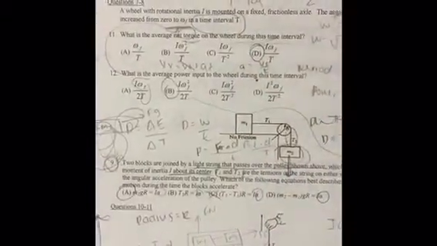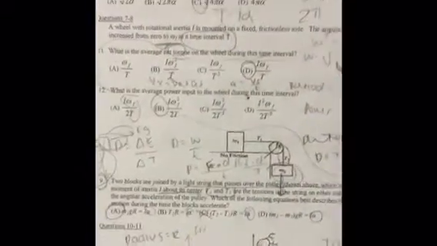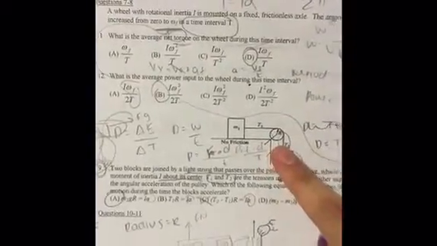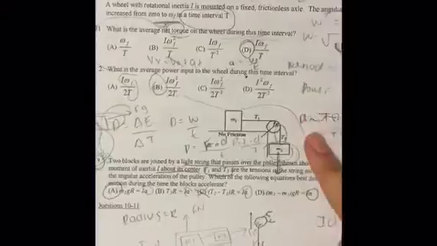Okay, so for question number 12, what is the average power? Okay, so power is going to equal the change in energy over the change in time, and we know that the kinetic energy formula will be used for this because it ends up going from not moving to moving.